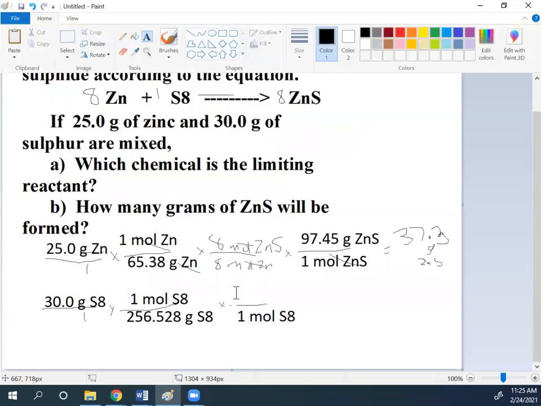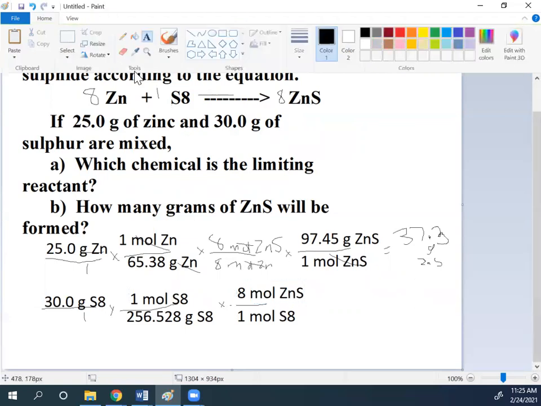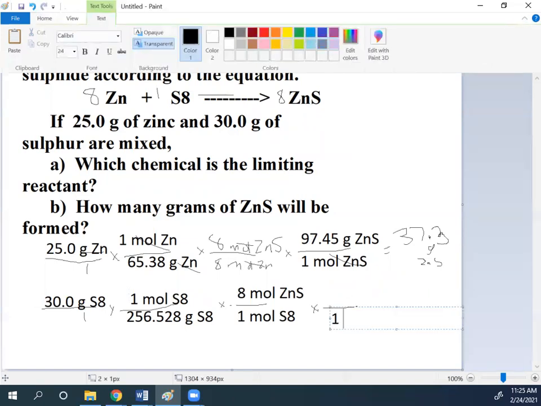The top would be 8 moles ZnS. And then I'm going to multiply. Bottom is 1 mole ZnS, and the top is 97.45 grams ZnS. So what's my calculation?